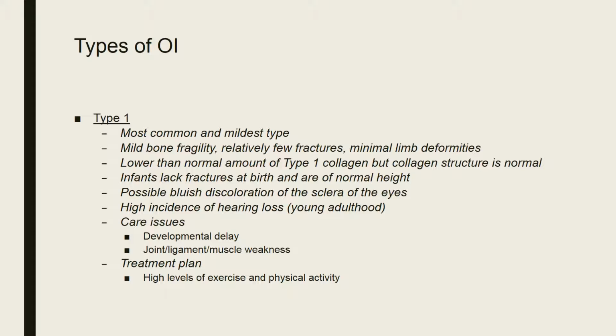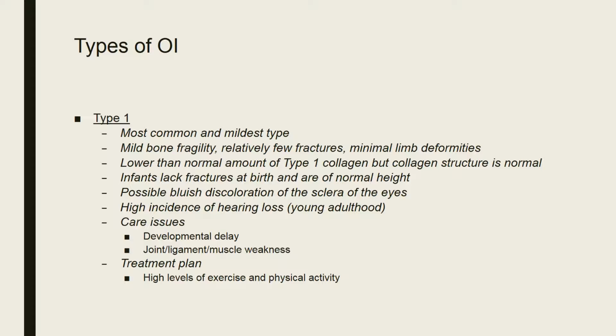They have mild fragility with their bones, and as a result, they have fewer fractures and minimal limb deformities. They do have a lower type 1 collagen, however, it's still considered normal for a structure, in which case the infants tend to be normal height.